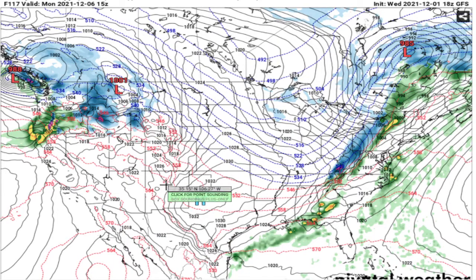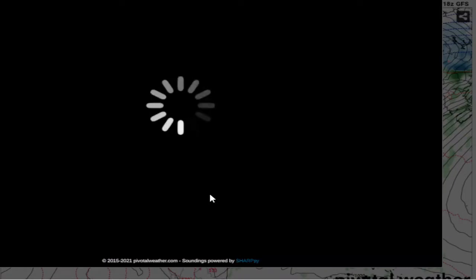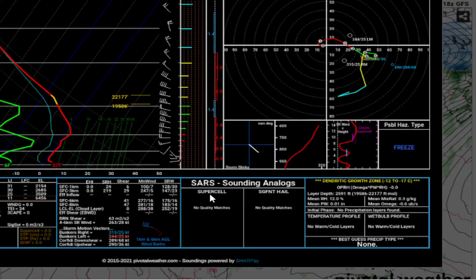Let's go see if this does a. It says click for sounding. Let's go in the center of that high, right up there south of the Panhandle. Looks like temperature at that time 37 degrees.